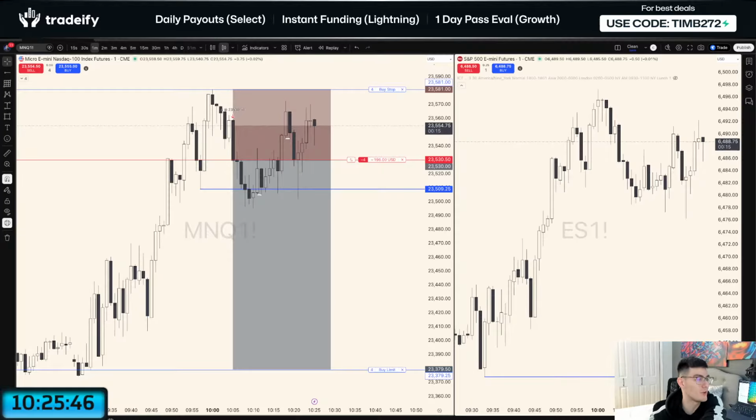That 1 minute candle was looking kind of decent, but we're holding this 1 minute gap. I really want to see this 1 minute gap get inverted here.